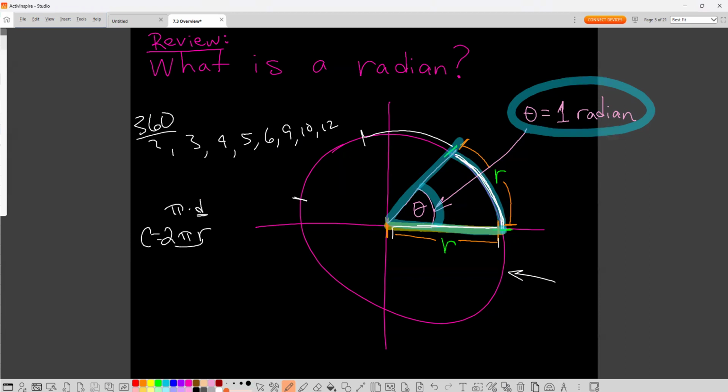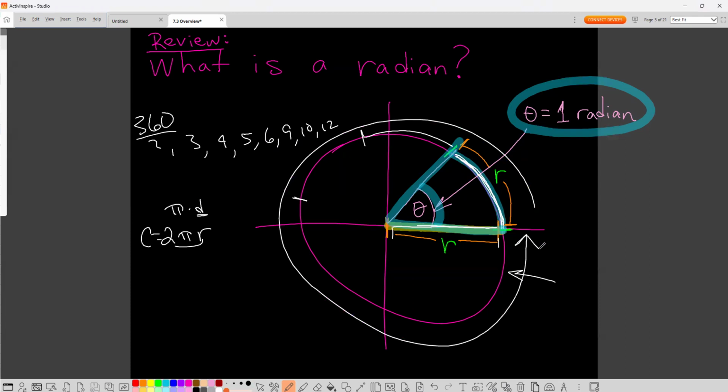So how many of these r's, these strings, if you will, that I just said, imagine that's one of the radii. There's 2, there's 3. You're going to be a little short, and I'll show you why. How many of these r's are there when you go around there? There's 2 pi of them. So there are 2 pi radians around the whole circle.